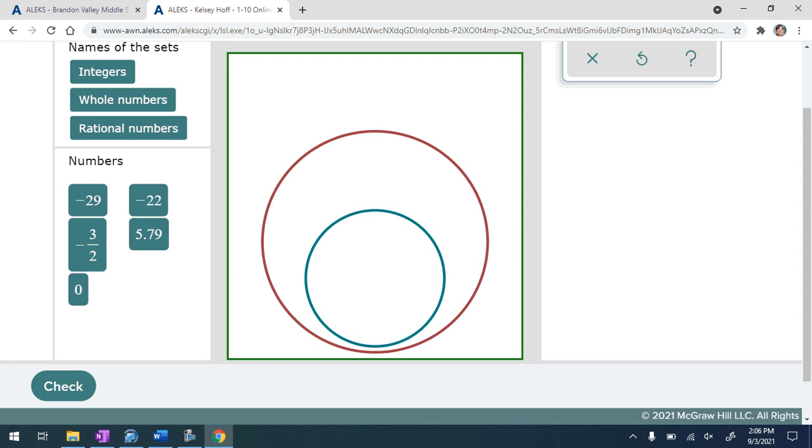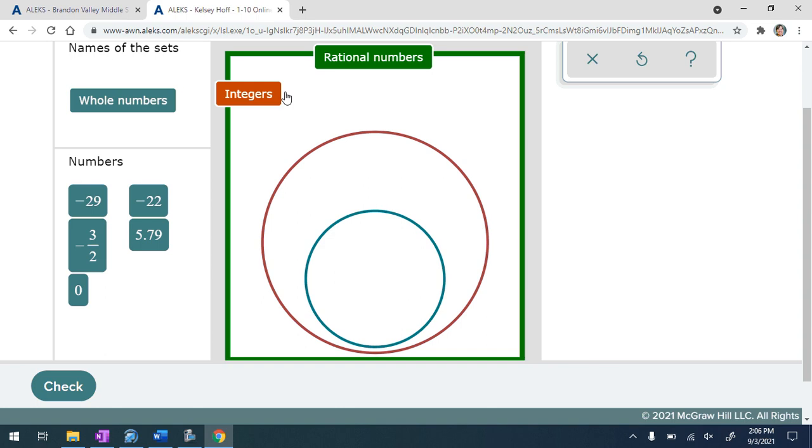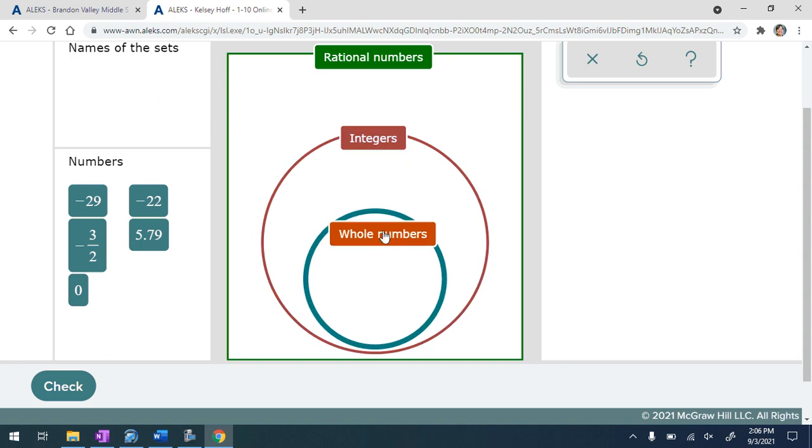So, integers, whole numbers, rational numbers. Which one's the green one? Rational. The biggest, tallest category is rational. Then rational numbers could become integers and then whole numbers. Okay. We want to place these numbers in the most specific category we can.